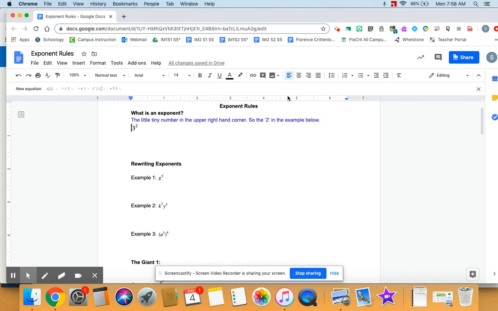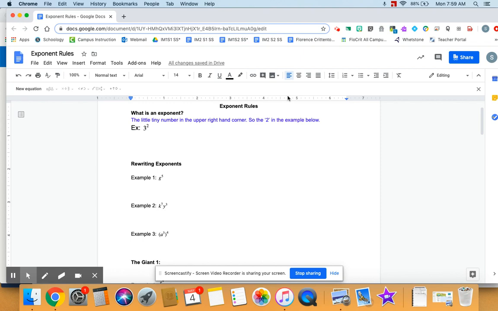In this example, it's 3 with an exponent of 2. They also call it 3 to the power of 2, or 3 with a degree of 2. They all mean the same thing. It's also most commonly known as squared, so this would be read as 3 squared.